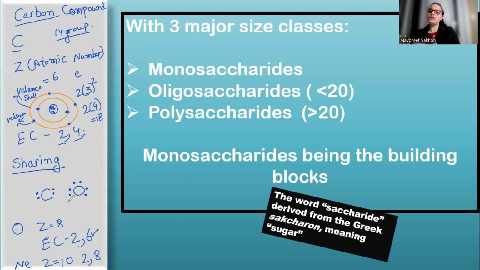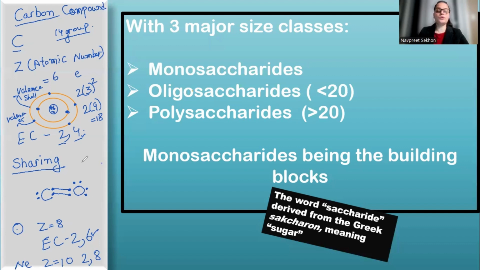And whenever you want to feel like a noble gas, you count my shared electrons as if they are your own. So oxygen needed 2 electrons. So over here, between the carbon and oxygen, 2 electrons are shared, right?